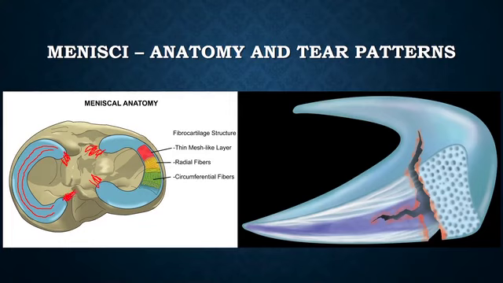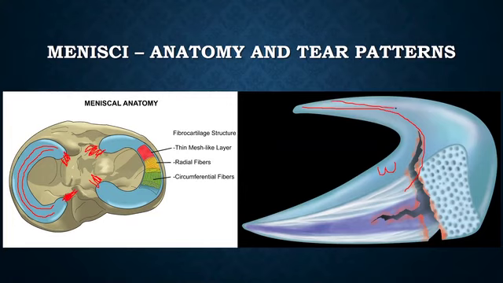Additionally, on the sides, there are meniscotibial and meniscofemoral ligaments, which also help anchor the meniscus into place. Now, when describing meniscal tears, an important thing to realize is that the inner portion of the meniscus is referred to as the white zone, meaning that it's avascular and has very limited blood supply.